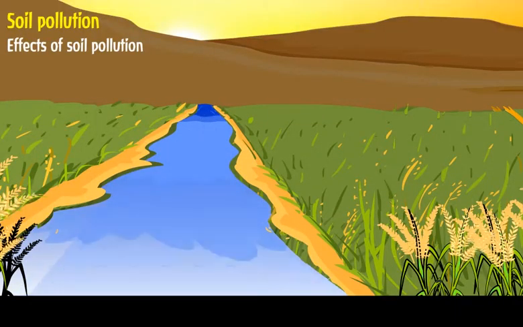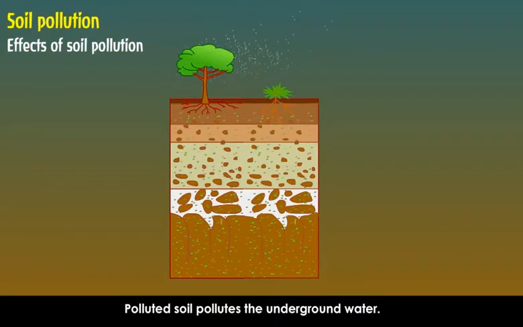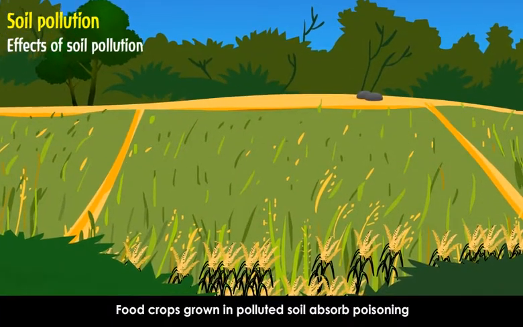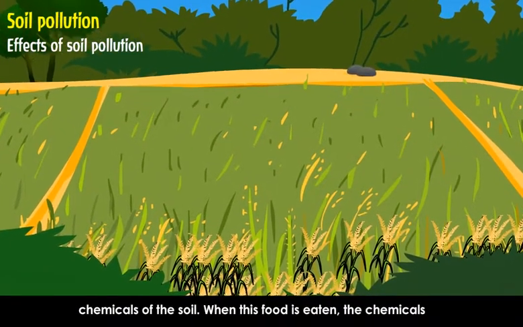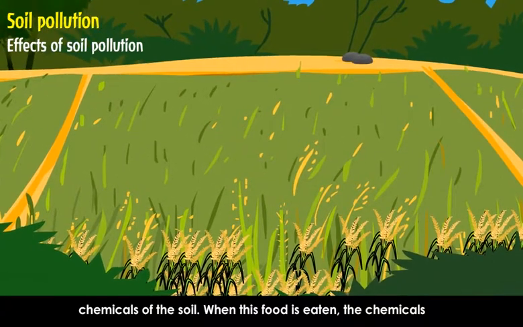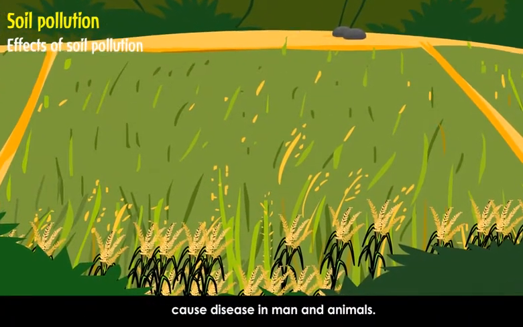Effects of soil pollution. Soil pollution results in lower food production. Polluted soil pollutes the underground water. Food crops grown in polluted soil absorb poisoning chemicals of the soil. When this food is eaten, the chemicals cause disease in man and animals.